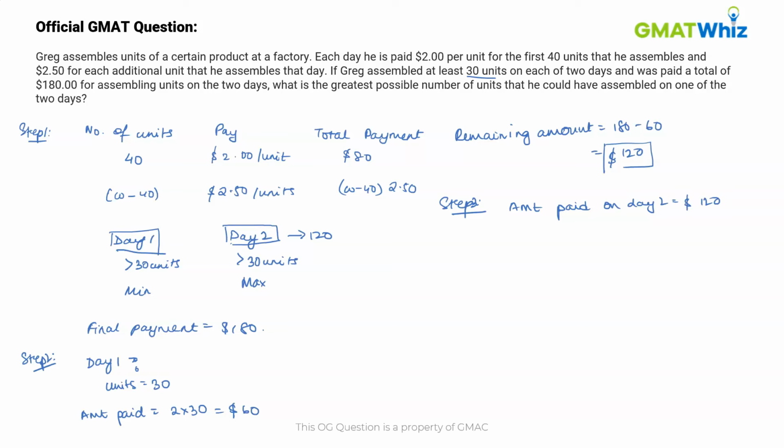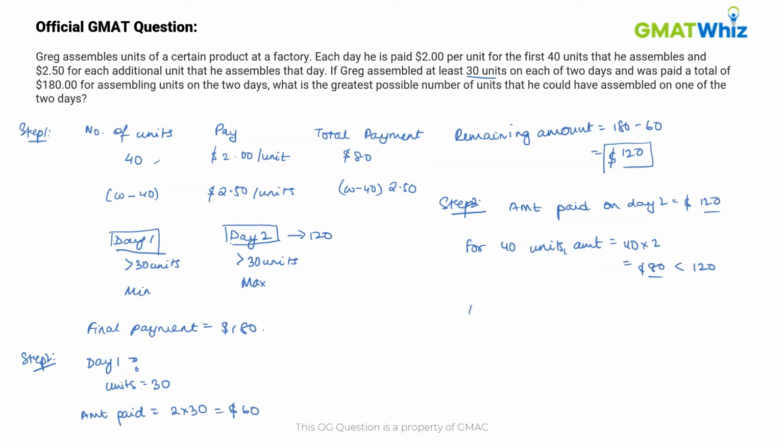Now if he assembled 40 units, then the amount that was paid to him for 40 units will be equal to 40 times 2, which is $80. So we know that the number of units that Greg assembled on day 2 was greater than 40, since for 40 units he is being paid $80 and the total amount is still greater than $80.